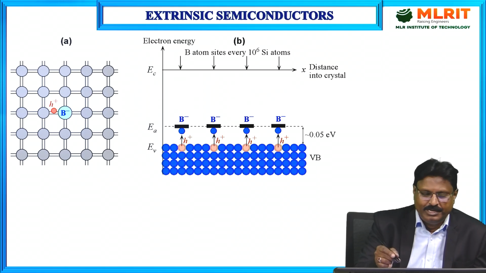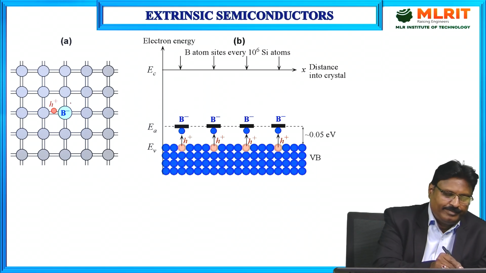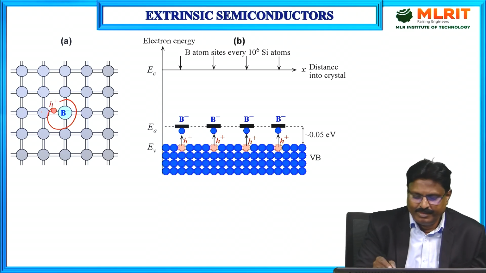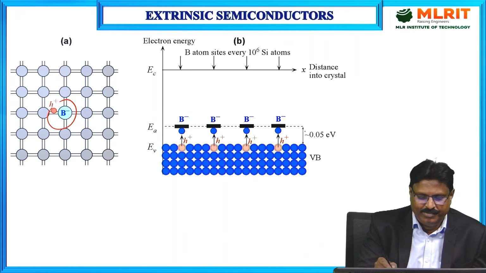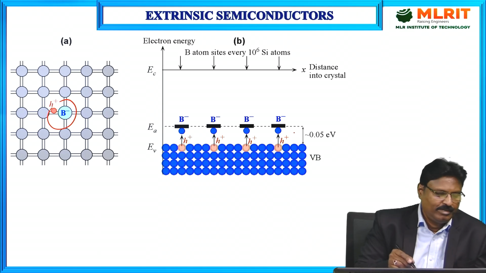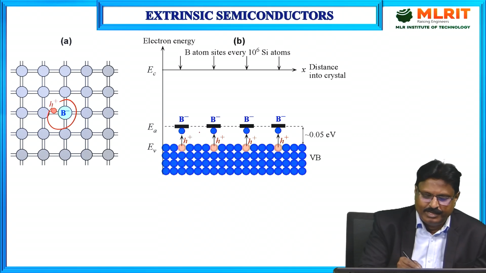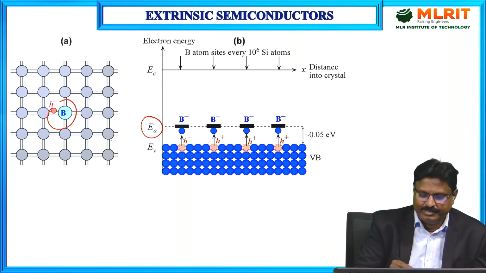Same thing here, we are doping the boron into the system. As you can see, whenever you are doping the boron into the system, it is creating an energy level just above EV. EV is the highest energy level in the valence band.